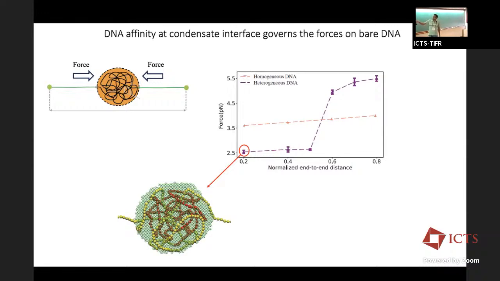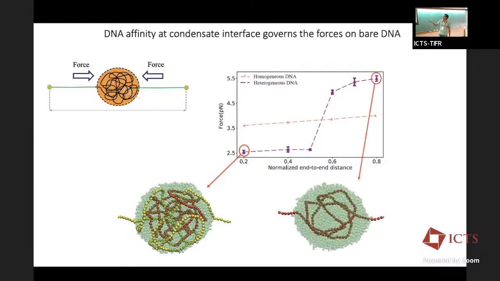So the proteins are interacting weakly to these interfacial DNA sites. Because of that, it doesn't pull them with that much force compared to where you have a higher end-to-end distance, because the condensate has become smaller, and the red beads have actually come to the interface.